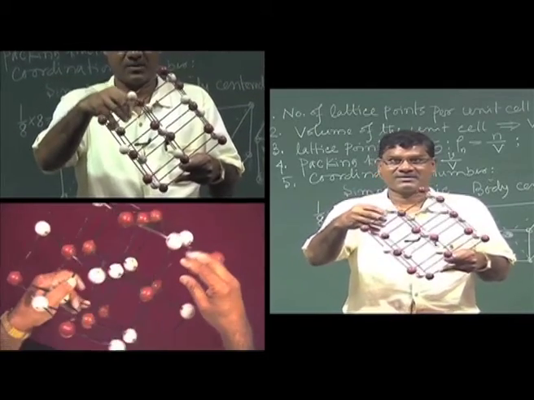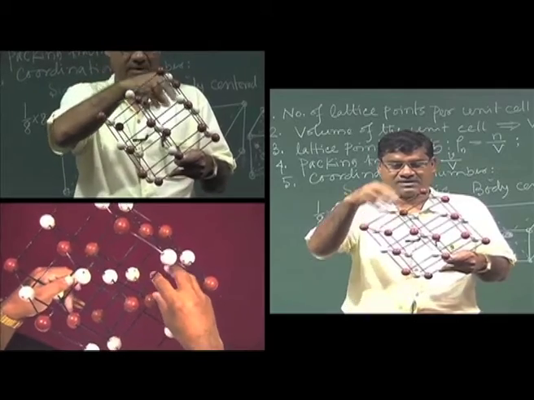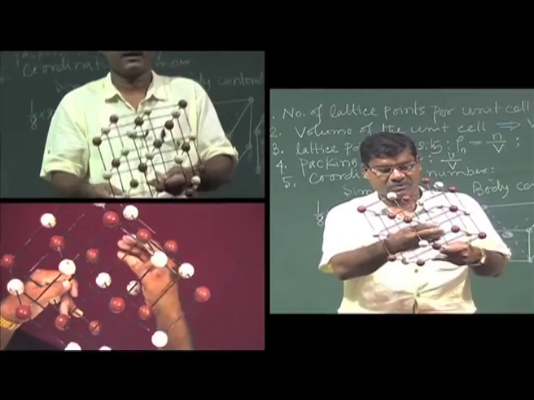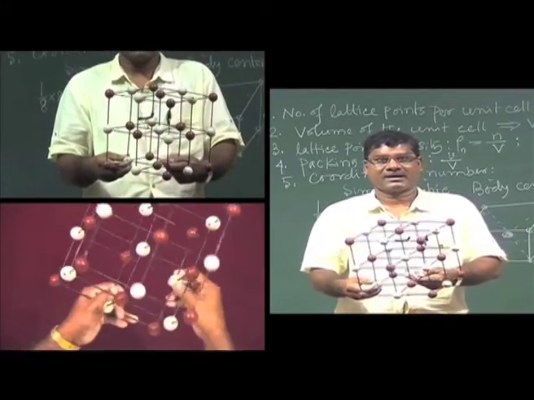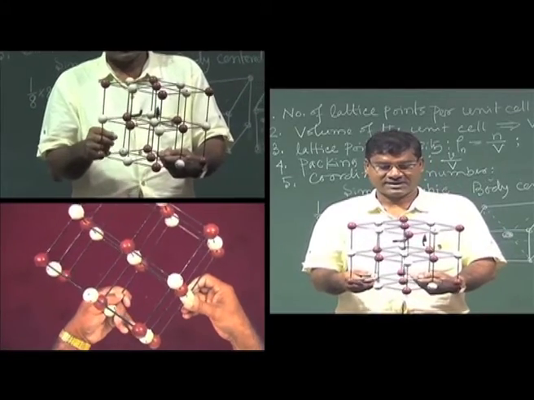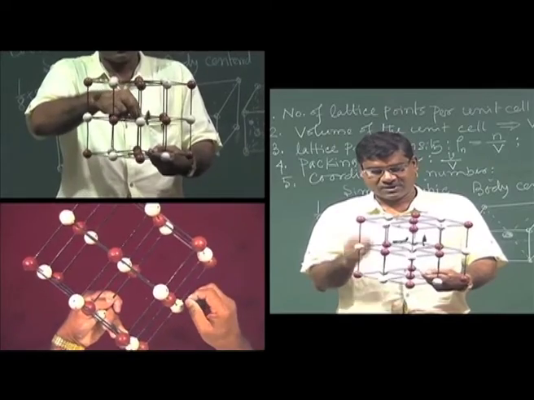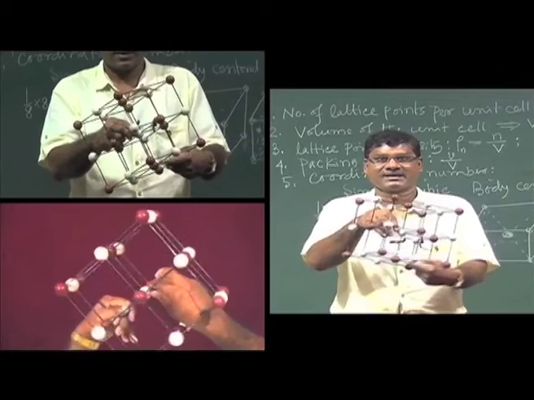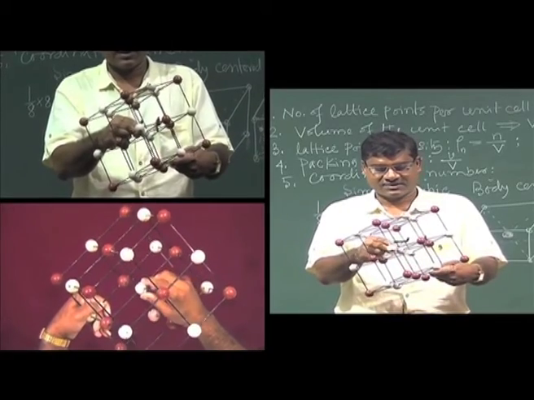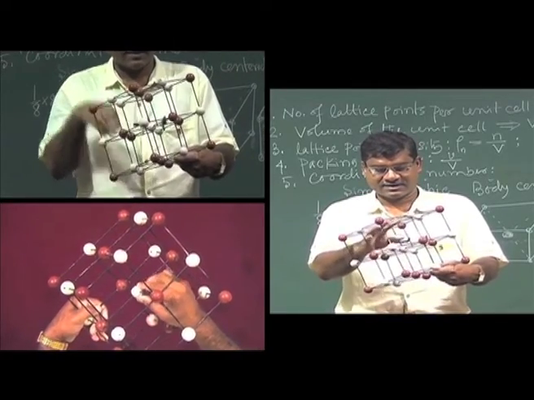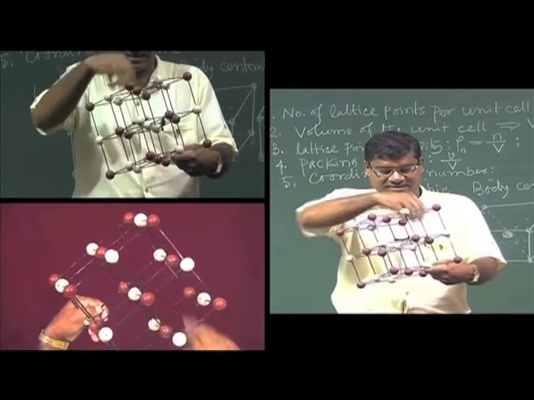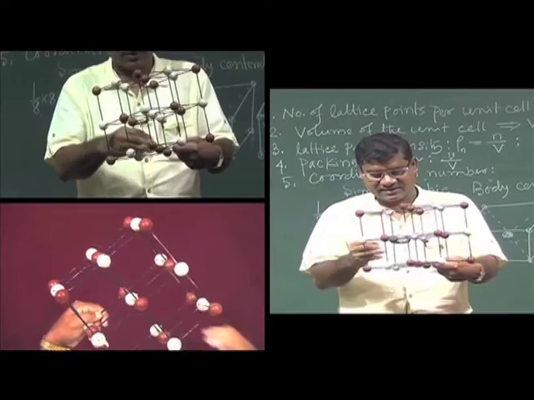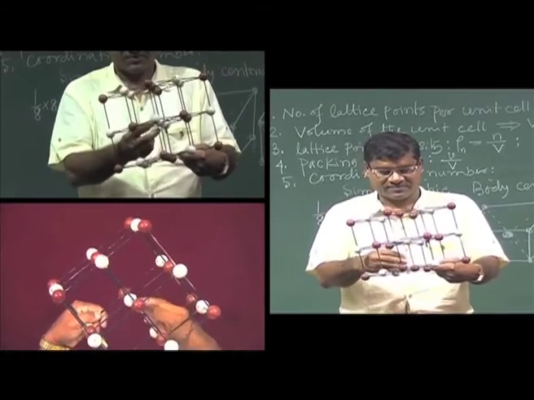This 1, 2, 3, 4, then below 4 are there. So, total 8 unit cells. Now, if you consider just one corner, this corner is attached with this unit cell, and this top 4 as well as this bottom 4.